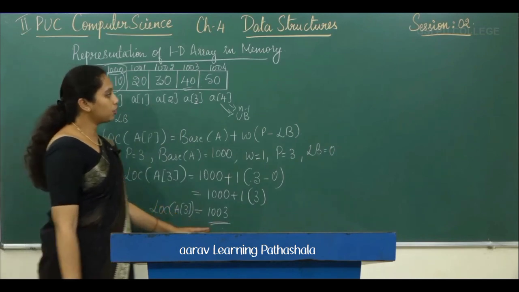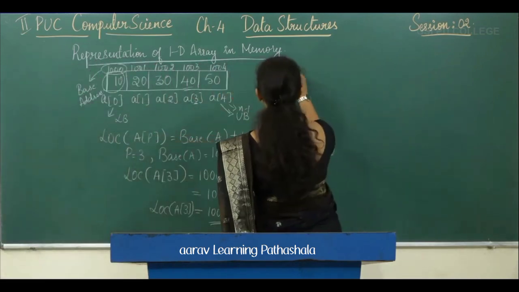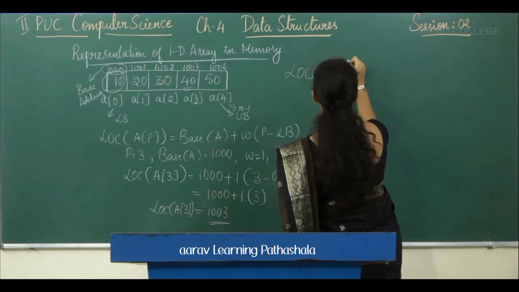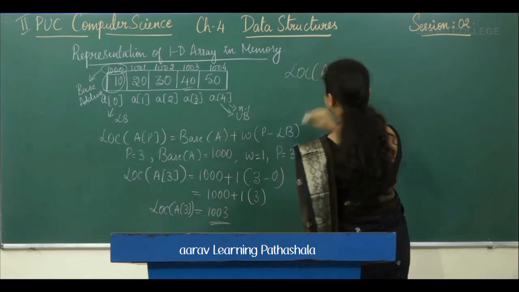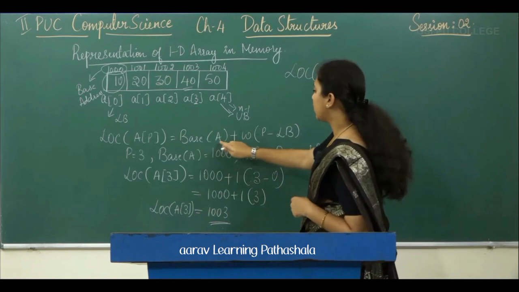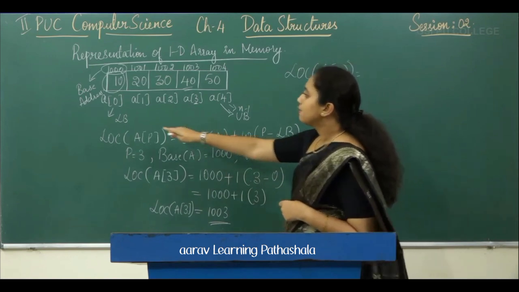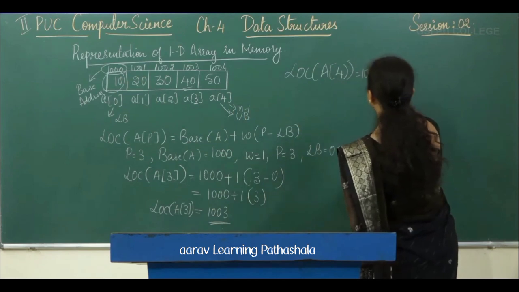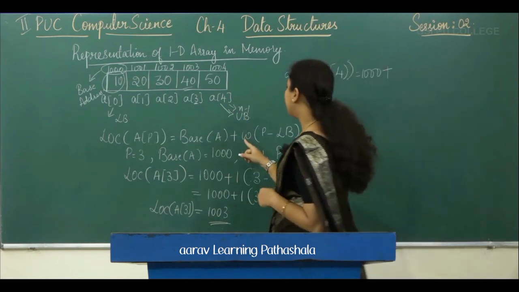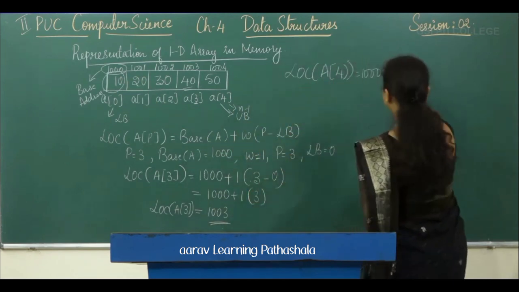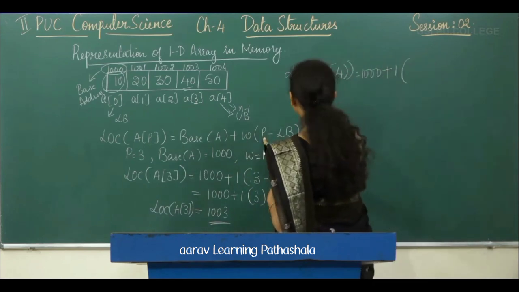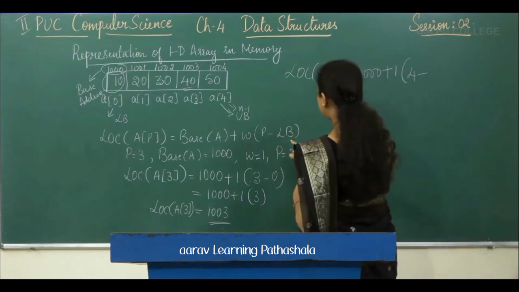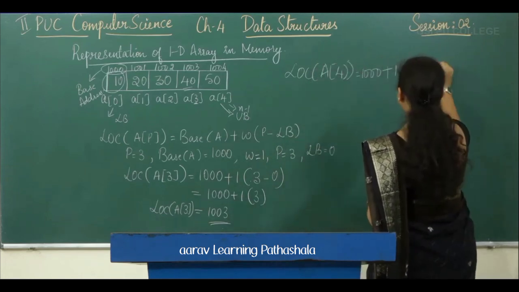See, if I want to find the location of A of 4, then what do I have to do? What is the value of base of A? The base address, that is the first element address in an array, is 1000 plus the value of W, which is 1, times P, the value of P is 4, minus LB. What is the value of LB? 0.